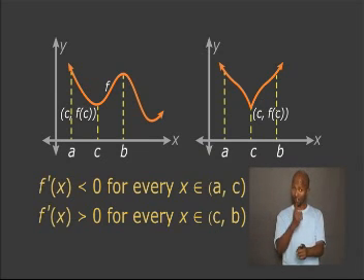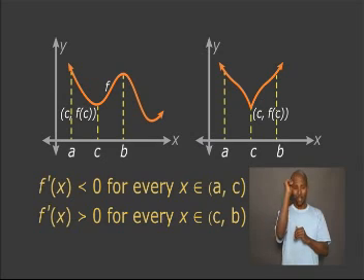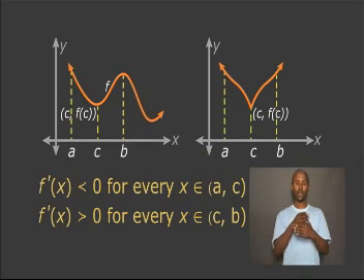That is right, students. f prime of x is less than 0 for every x that is part of the interval (a, c), and greater than 0 for every x that is part of the interval (c, b). Once again, we may say that f prime changes signs at c from negative to positive.